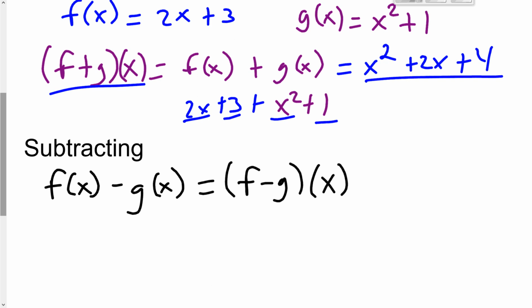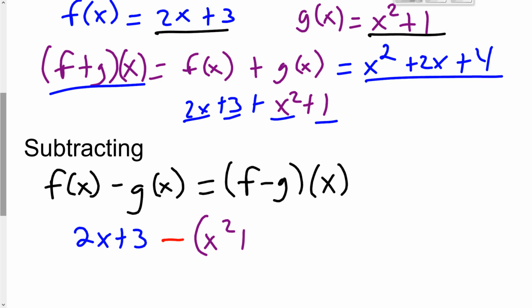I want to use those two from the beginning. f of x is 2x plus 3, and g of x is x squared plus 1. So I'm going to take f of x, which is 2x plus 3, and then I'm going to subtract g of x.